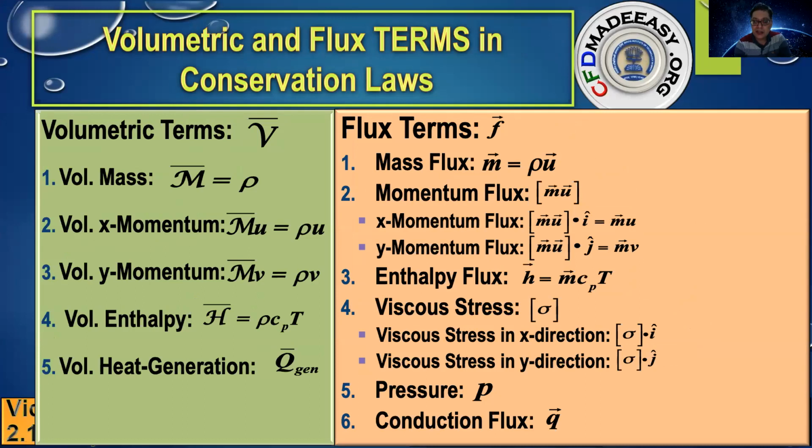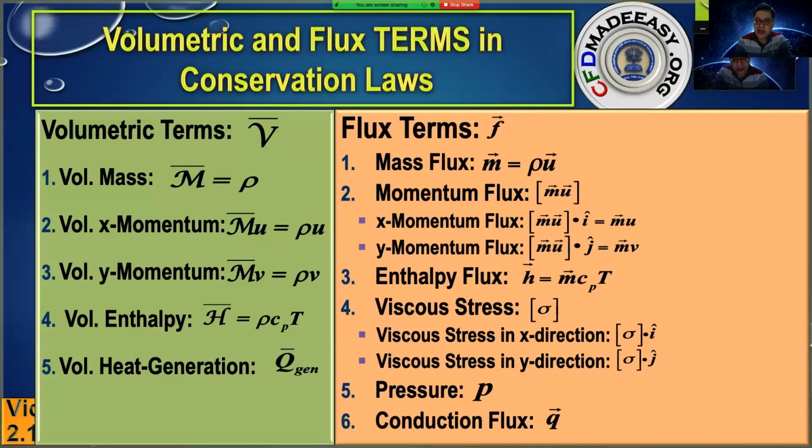The flux is represented by small letters, and the momentum flux is here represented by m vector, u vector. Now there are two directions involved in this m. Note that there is no dot product or cross product between this m vector and u vector. Let me first get started with this mass flux. This mass flux is mass flow rate per unit area.